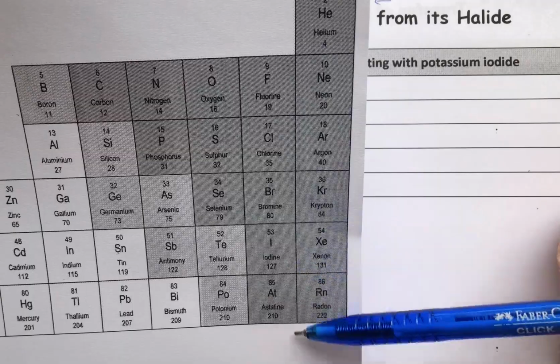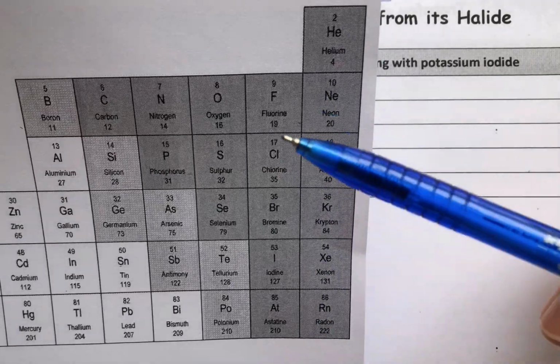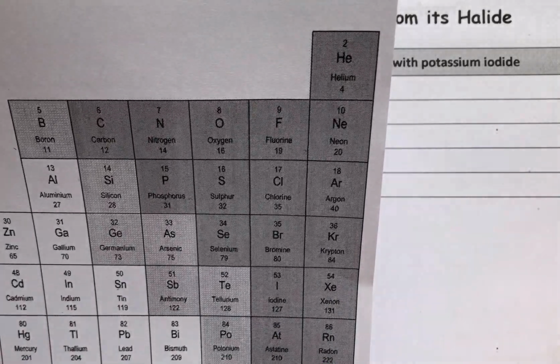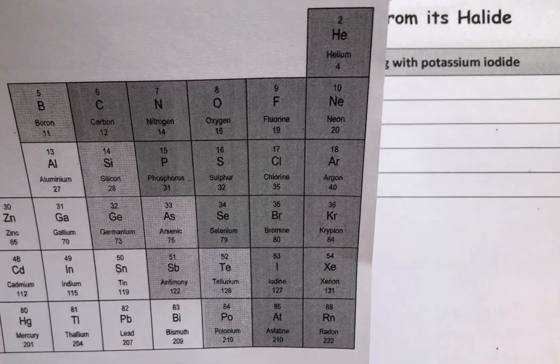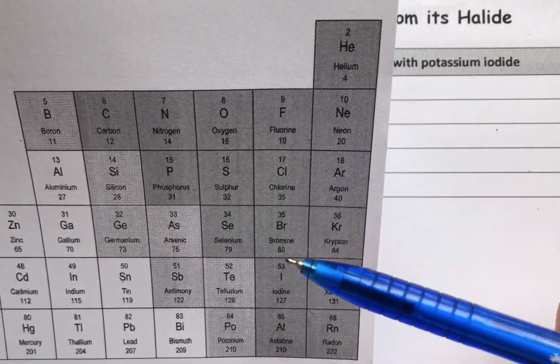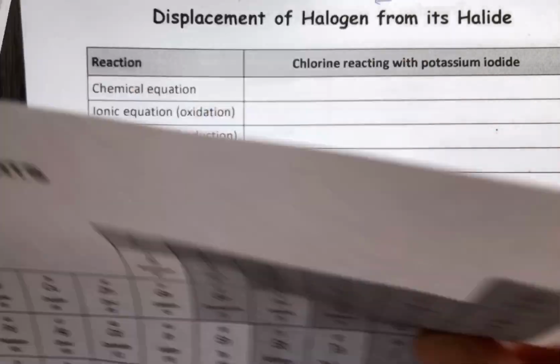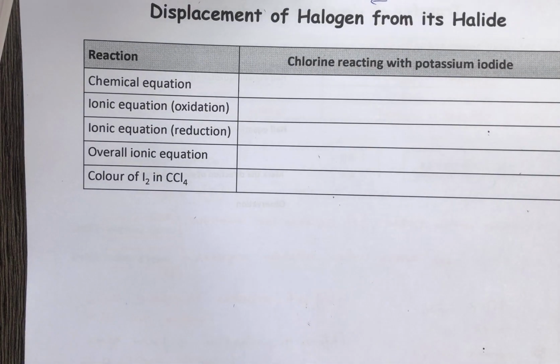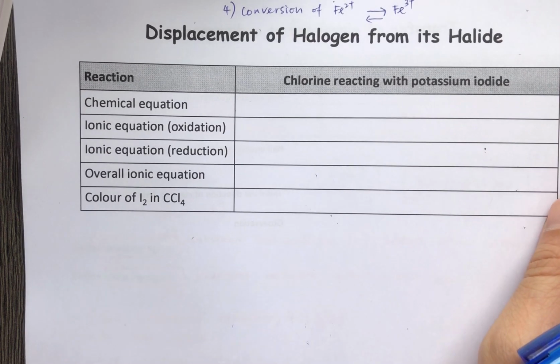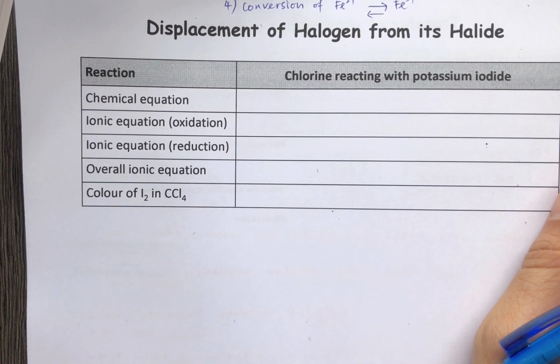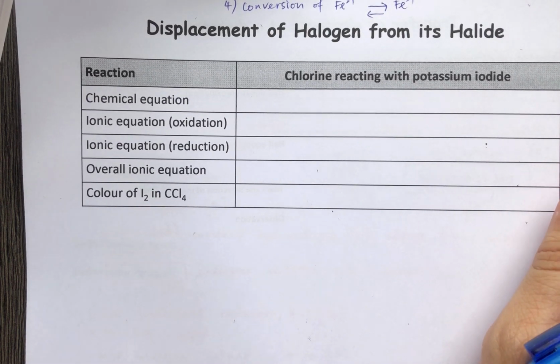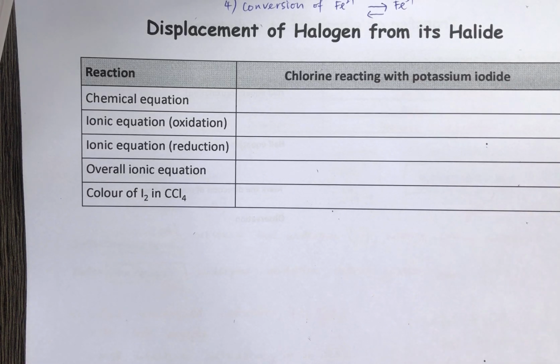They belong to group 17, and as a group we call them halogens. What do we have to know about halogens before we can proceed to today's lesson? First, we need to know the colors of some of the halogens, because today I'm only going to focus on chlorine, bromine, and iodine.